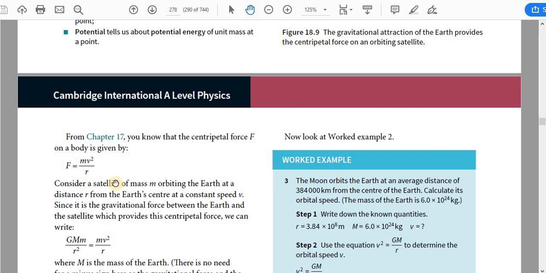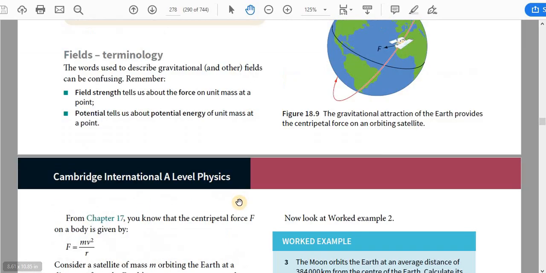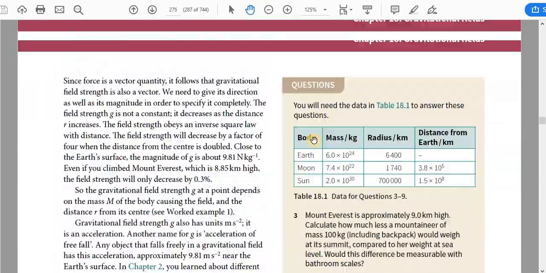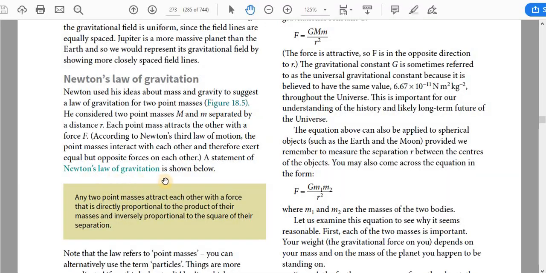Then this was the equation we learned previously for circular motion. Now this is the gravitational force, and it is also given by the equation we learned in this lesson today, Newton's law of gravitation.